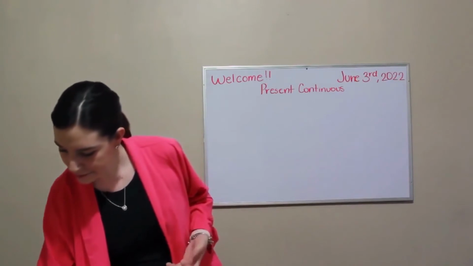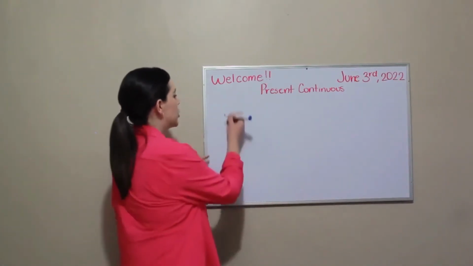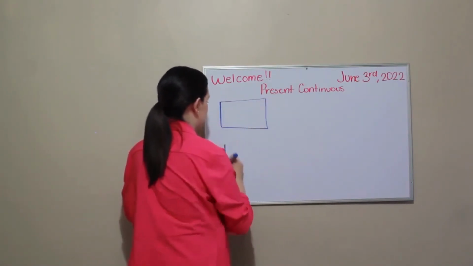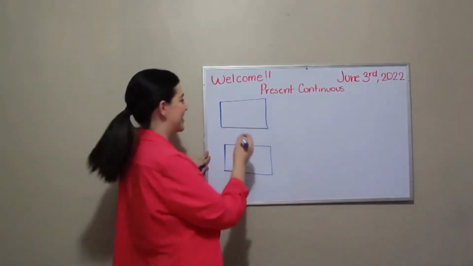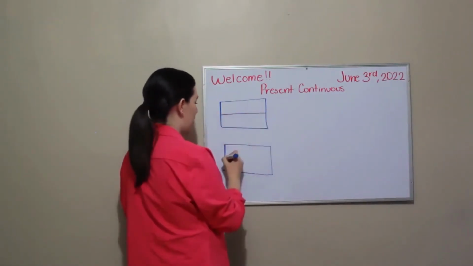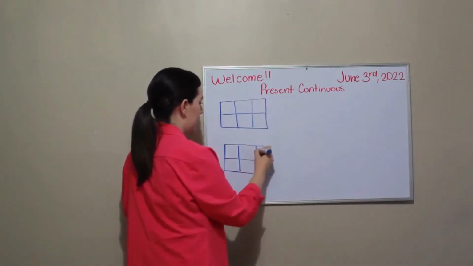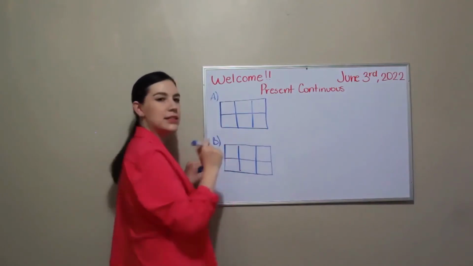First activity: you have a worksheet and it has two charts. They look something like this, alright? Use your imagination. Those are divided into some squares. And it actually has student A and student B, am I right?